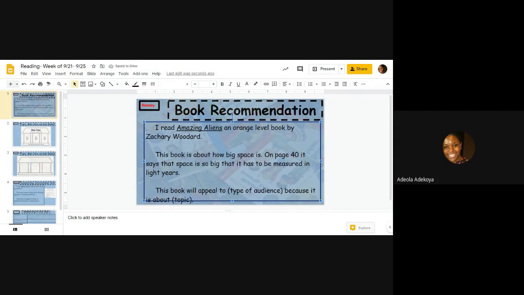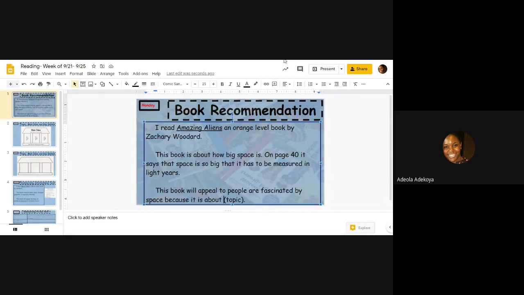Okay. This book would appeal to, I think it would appeal to people who are fascinated by space. And why? Because it talks about space and other planets. It talks about the distance, how big space is.